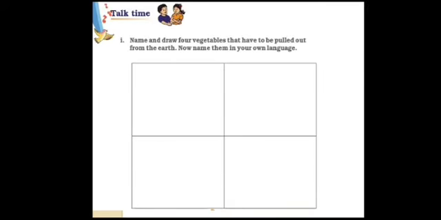Now, one more activity is there. Name and draw 4 vegetables that have to be pulled out from the earth. There are some vegetables, some are leaves, some are roots, some are stems. We eat different vegetables. So what you have to do here, you have to draw 4 vegetables that we pull out from the earth.